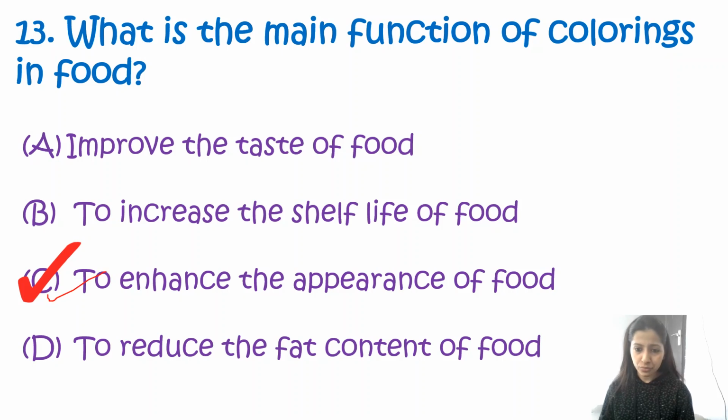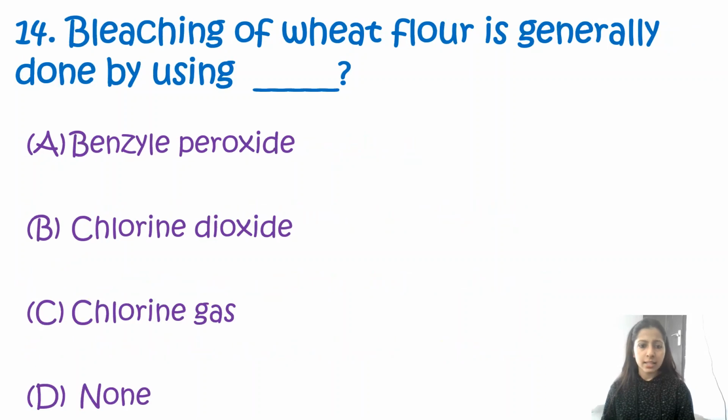of the food. Next, question number 14, bleaching of wheat flour is generally done by benzoyl peroxide, chlorine dioxide, chlorine gas, or none. So wheat flours are bleached using a variety of chemicals. This can include benzoyl peroxide or chlorine gas.